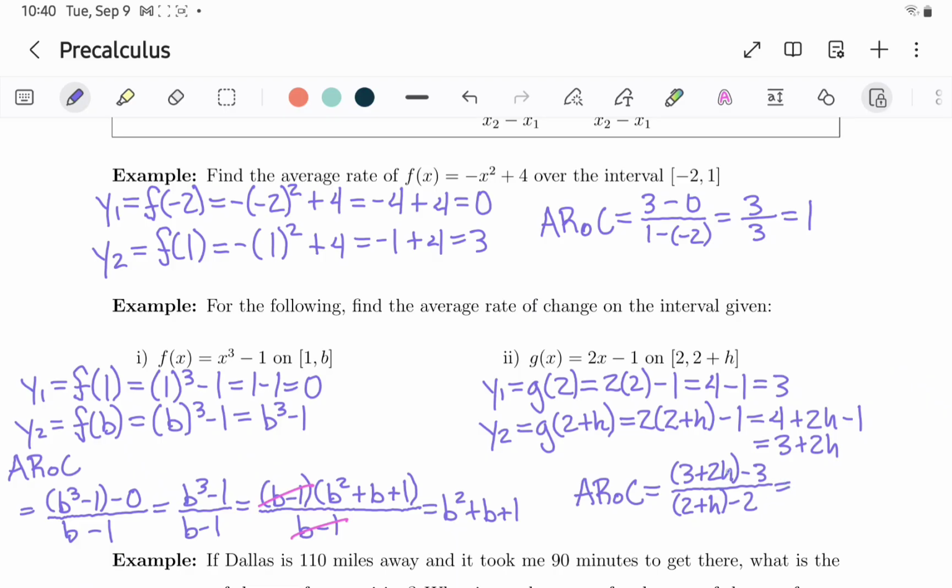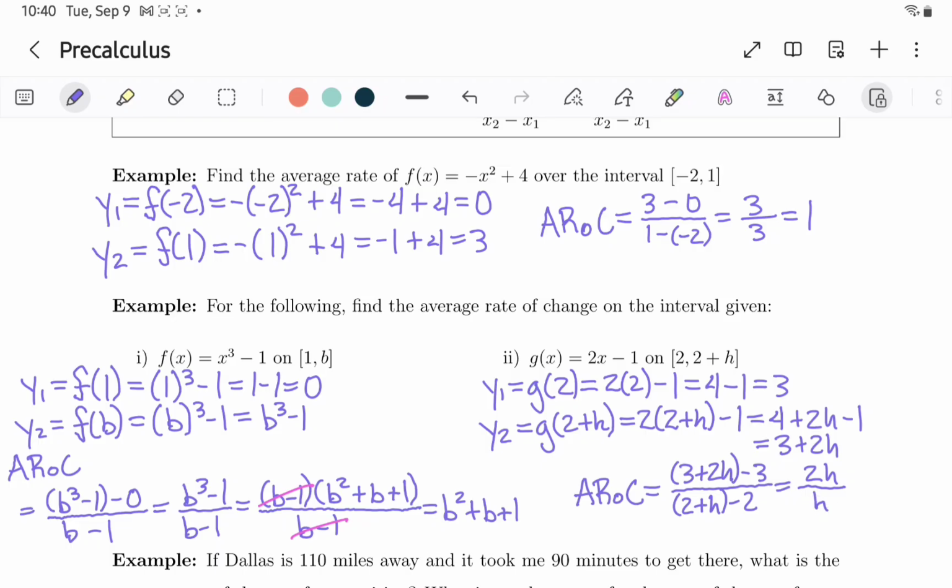And so in the numerator, if we drop the parentheses, we are going to have 3 plus 2h minus 3. Combining the like terms, 3 and minus 3 are going to combine to be 0. So we just have a 2h in the numerator now. Again, dropping the parentheses in the denominator, we can add the like terms 2 and negative 2, and those are going to cancel out, so we just have an h down there now.